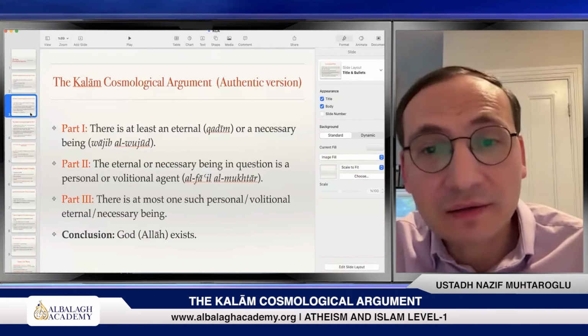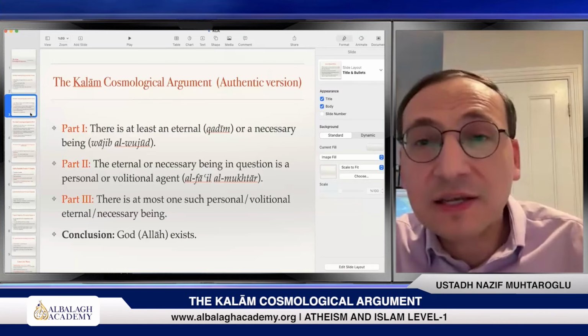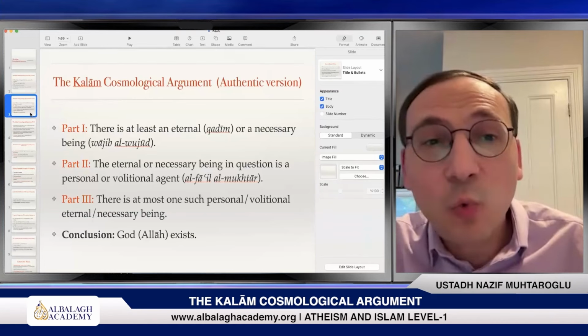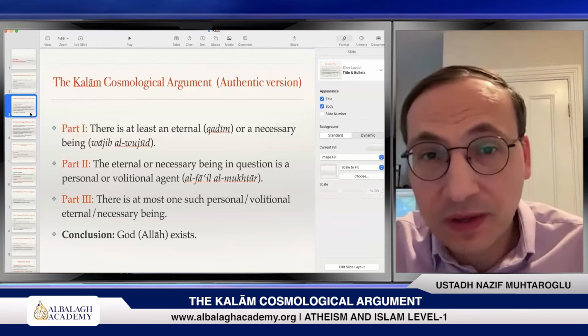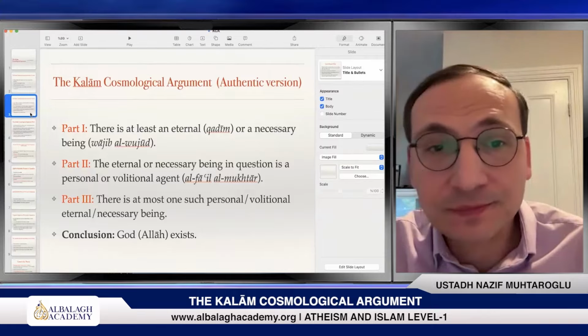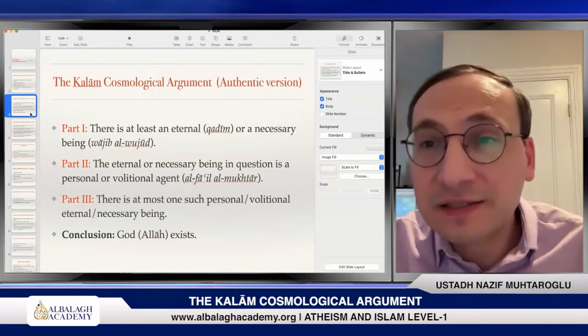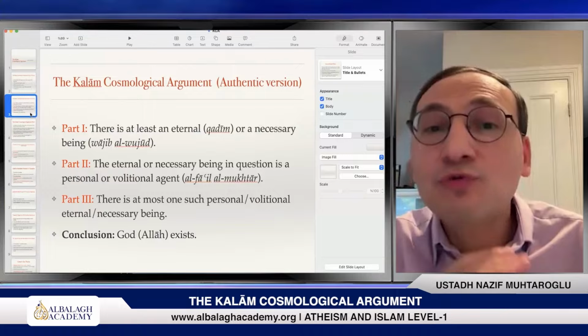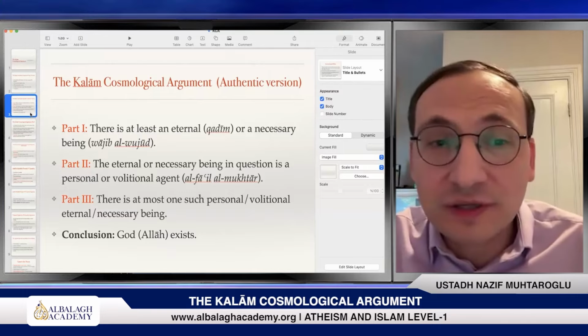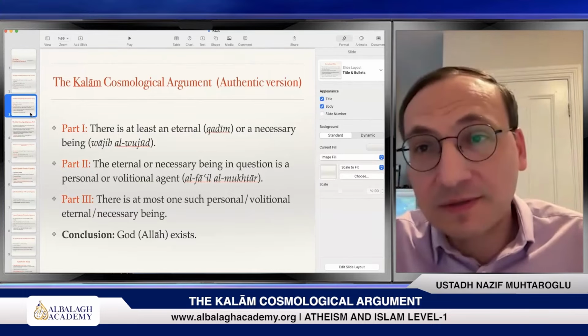The second part identifies this eternal or necessary being with a personal or volitional agent, al-Fa'il al-Mukhtar. And the last and final part states that there is at most one such personal or volitional, eternal or necessary being.